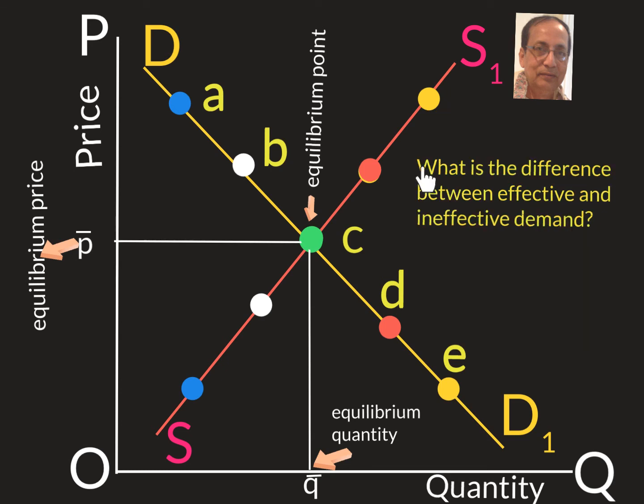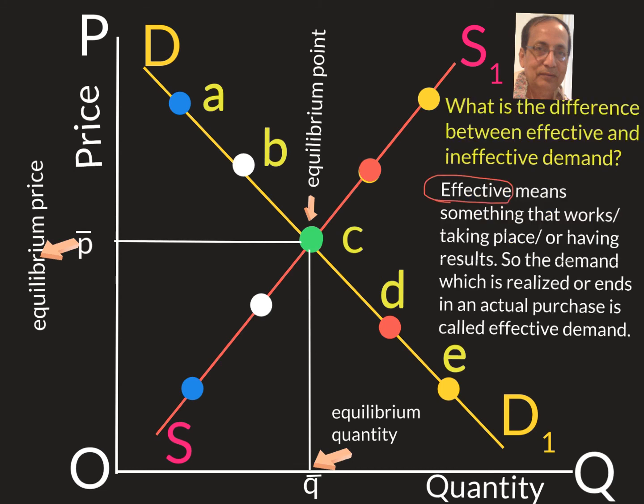Now, what is the difference between effective and ineffective demand? Effective means something that works or taking place or having results. So the demand which is realized or ends in an actual purchase is called effective demand.